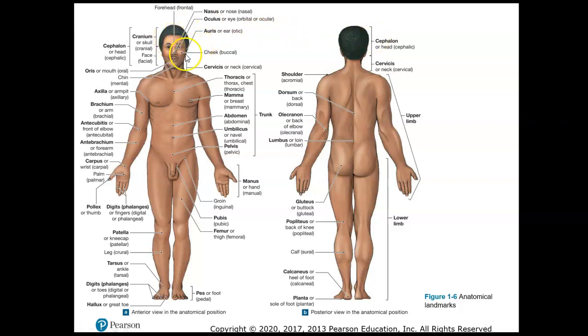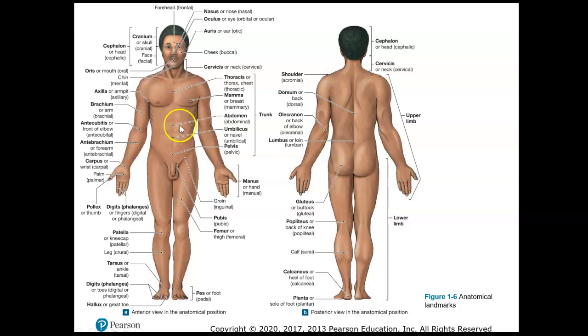The cheek is the buccal region. The neck is the cervicis or cervical region. The chest is the thoracis or thorax, and it's the thoracic region. The breast is the mamma or mammary region.